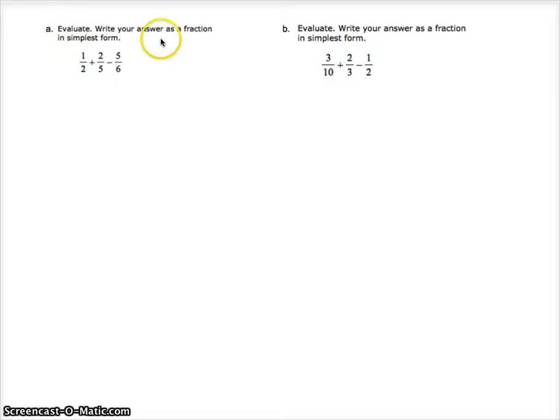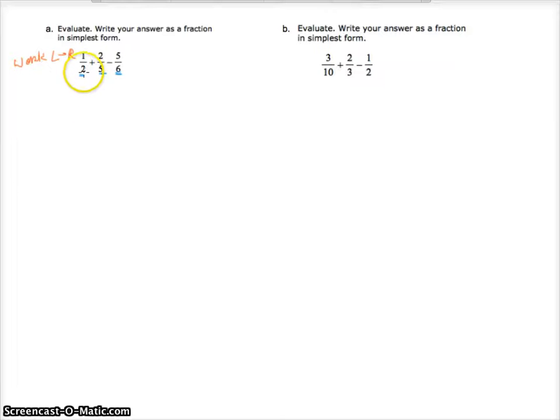Evaluate your answer as a fraction in simplest form. So remember, we need to work left to right. And we're going to need to find the LCD. Alright, so let's first look at our problem. I've got 2, 5, and 6.